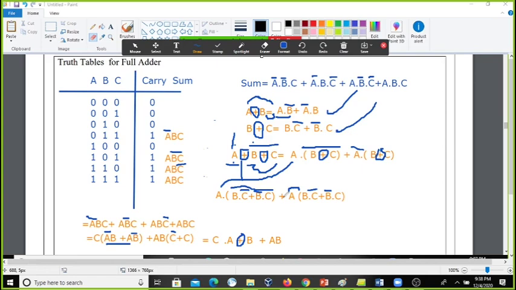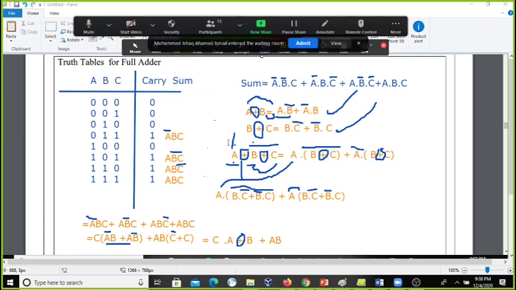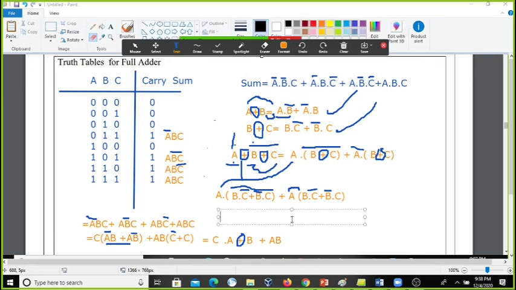But remember, this can be simplified further if you just take the first one as ABC plus A bar BC plus AB bar C plus AB.